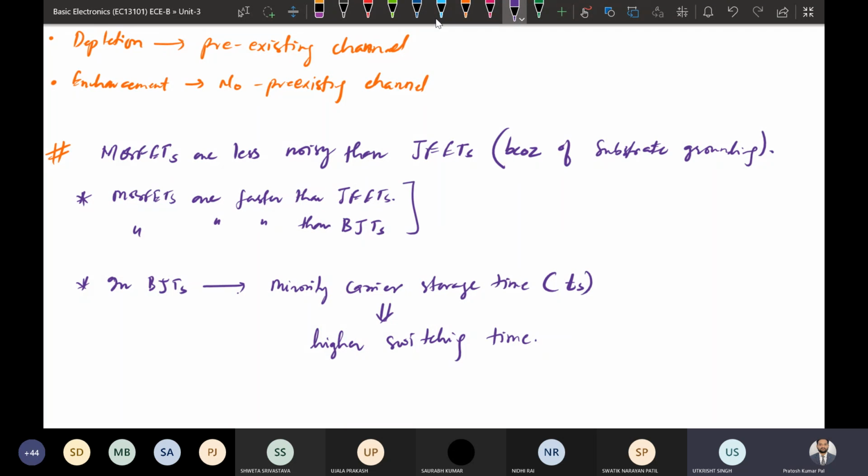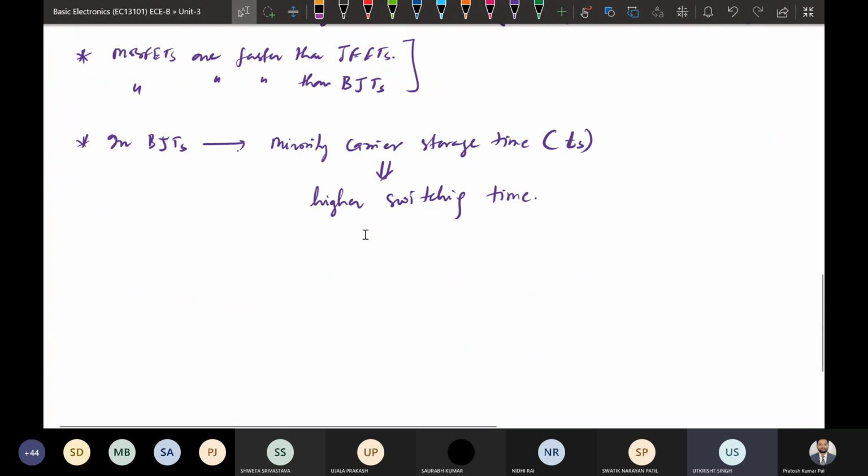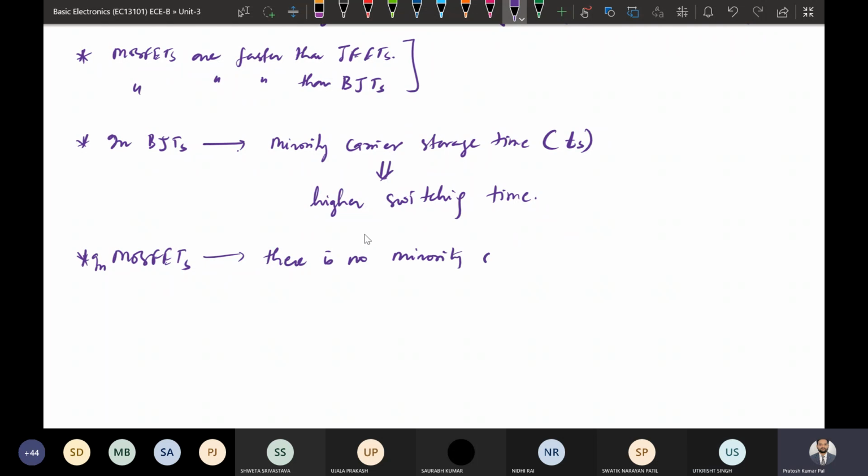But in case of MOSFETs, there are no minority carriers because it is a unipolar device.